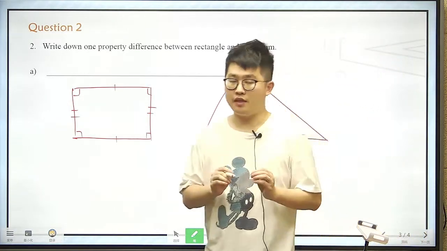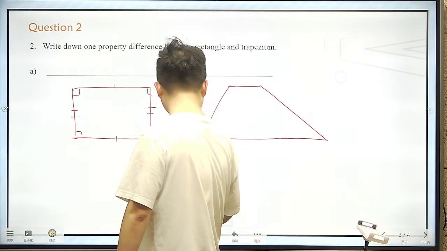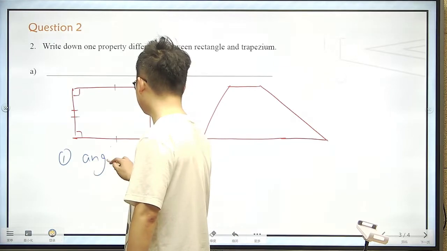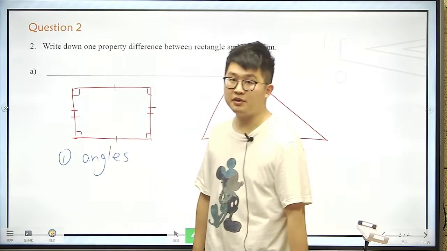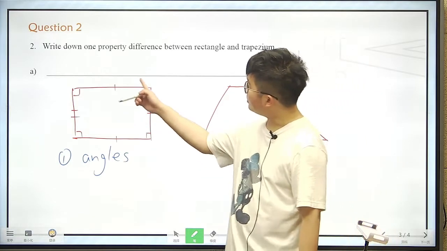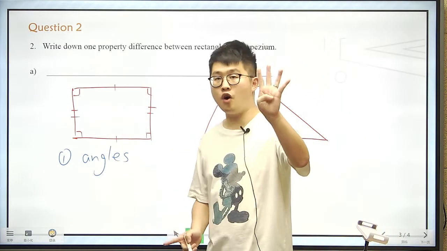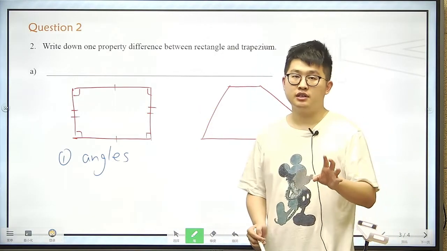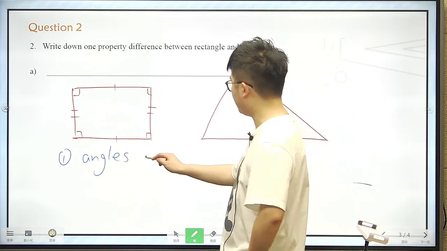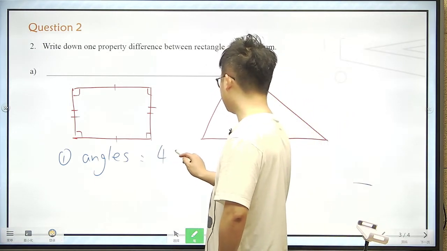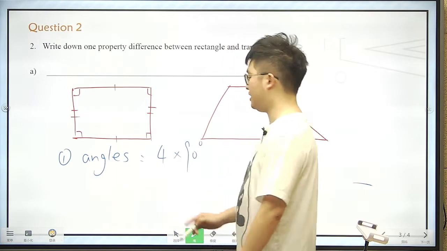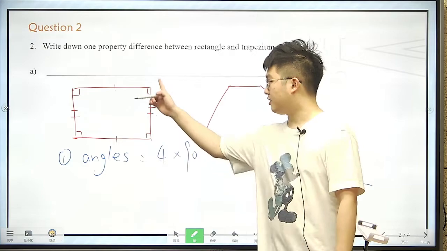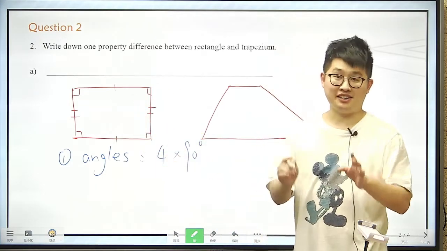The first one would be the angles. We know that a rectangle has 4 right angles, and trapezium, no. So the angles in the rectangle: there will be 4 right angles, which means the 4 angles are all 90 degrees.